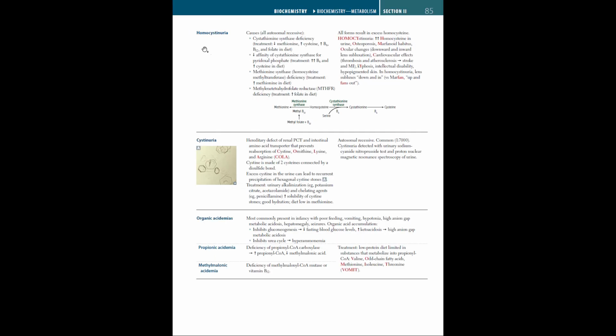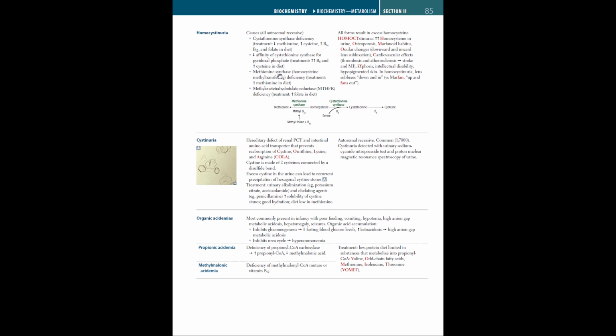Alright, finally we have homocystinuria, the causes of which are all autosomal recessive. One is cystathionine synthase deficiency, and the treatment is decreased methionine and increased cysteine, vitamin B6, B12, and folate in the diet. Another is decreased affinity of cystathionine synthase for pyridoxal phosphate, and the treatment is increased vitamin B6 and cysteine in the diet.